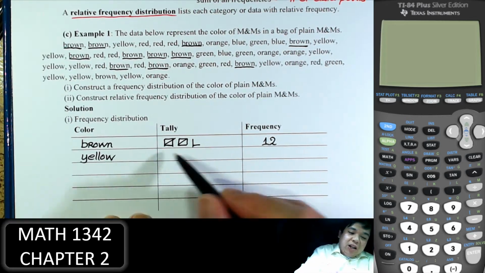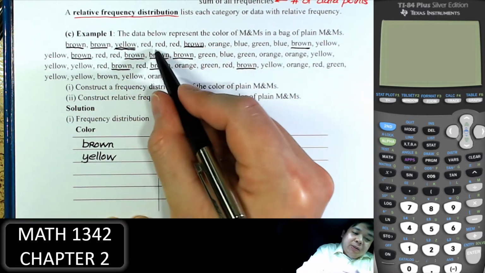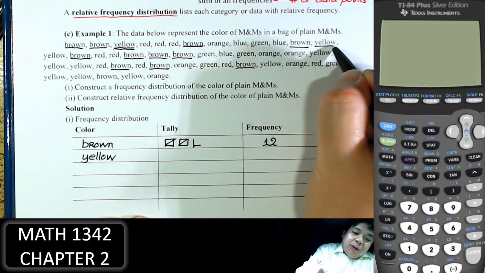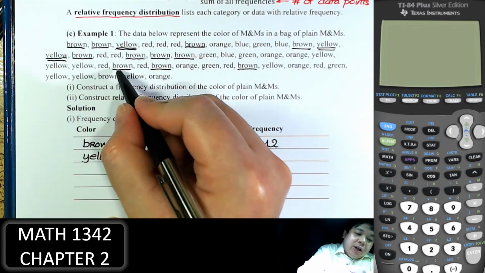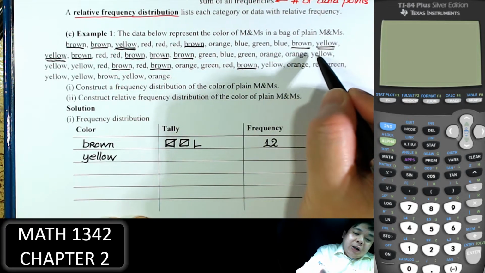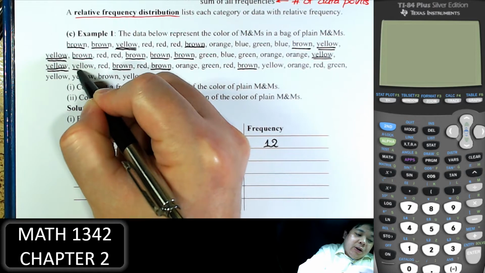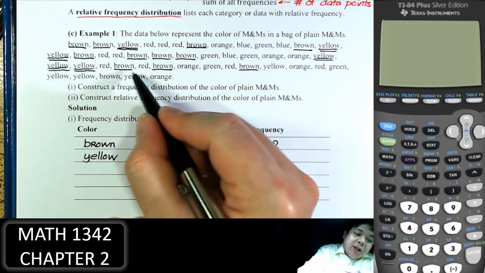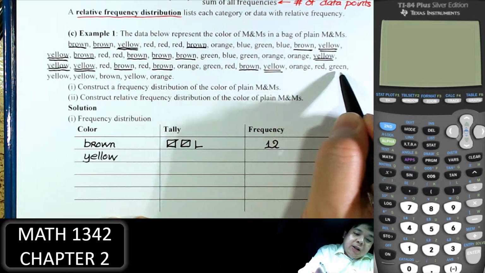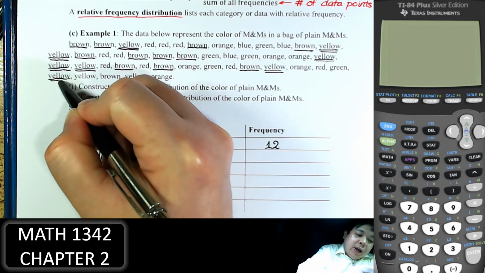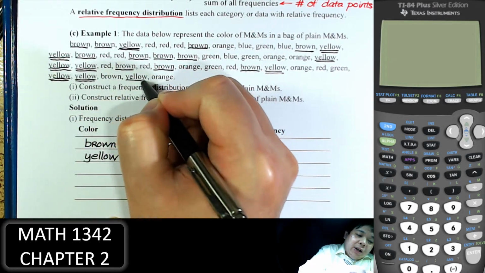We don't have to tally like this. 1, 2, 3, 4, 5, 6, 7, 8, 9, and 10.